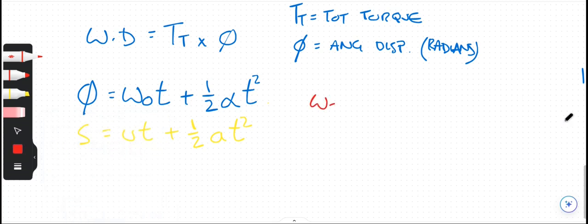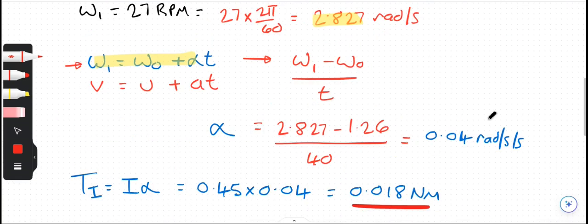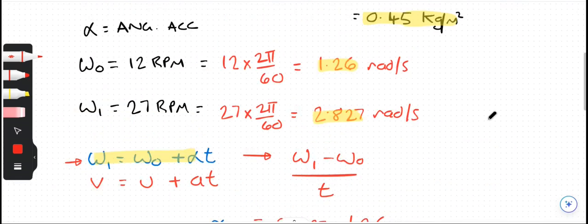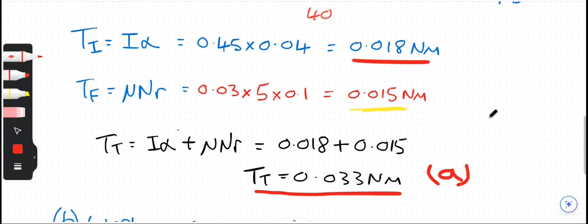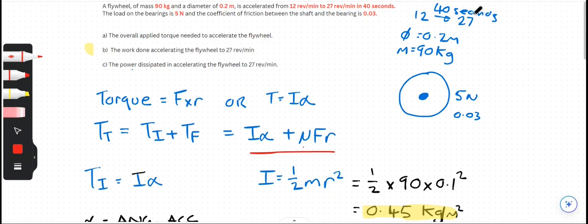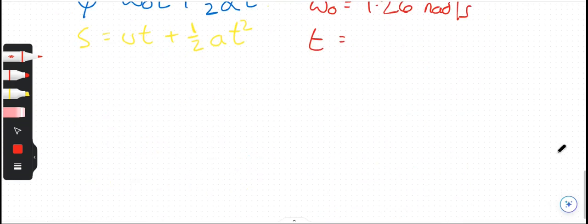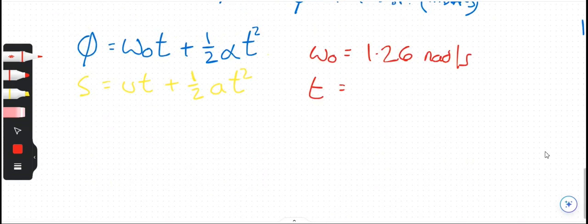We know that the starting angular velocity, omega 0, is 12 RPM, which is 1.26 radians per second. We know the time is about 40 seconds, so put 40 in there.